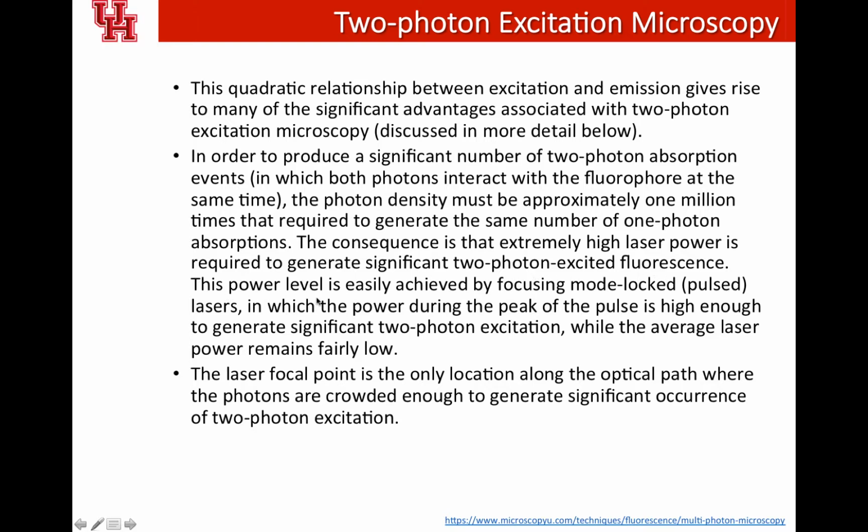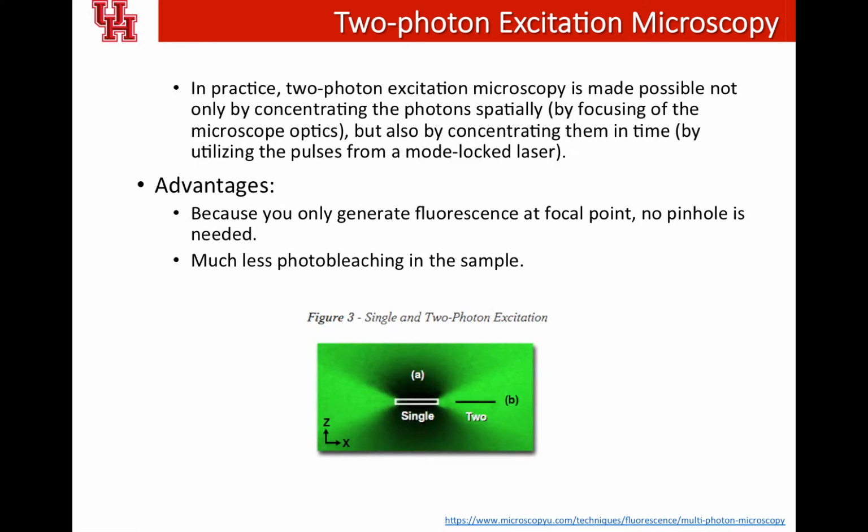This power level is easily achieved by focusing a pulsed laser, in which the power during the peak of the pulse is high enough to excite significant two photon excitation, while the average laser power remains fairly low. The focal point is the only location where the fluorescence will be excited. All the other locations will not be affected.